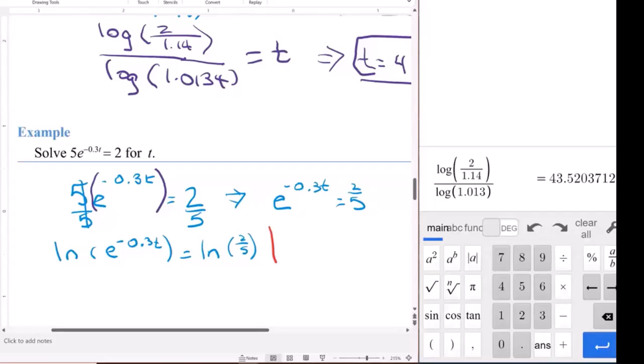Because this is the same as log base e of e to the negative 0.3t. And remember, I can cancel these and I end up with just negative 0.3t equals the natural log of 2/5. And then to solve for t, I can divide both sides by negative 0.3.